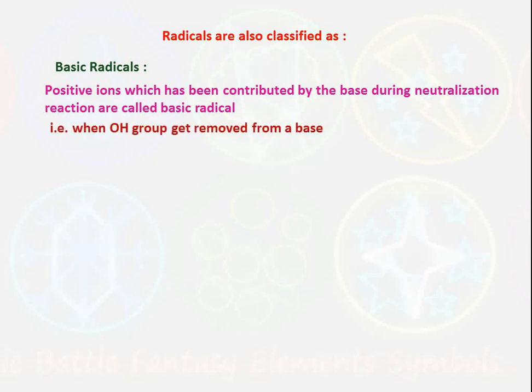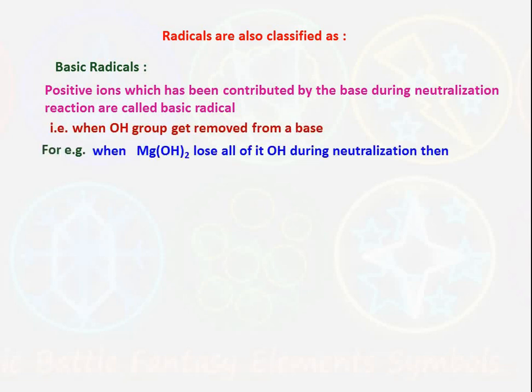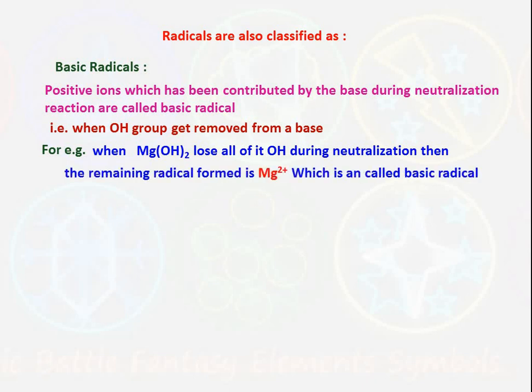For example, Mg(OH)2: where it loses all of its OH, the remaining part is Mg2 positive. It has a positive charge, and that remaining part of the base is called a basic radical. But this definition is a little tough to understand, so we can learn an easier definition.